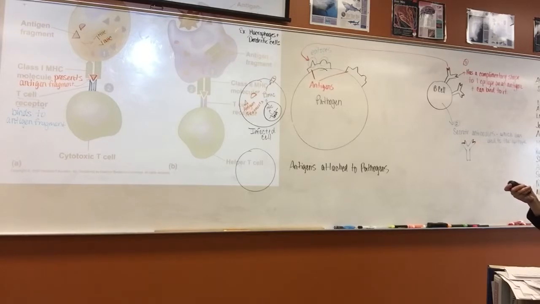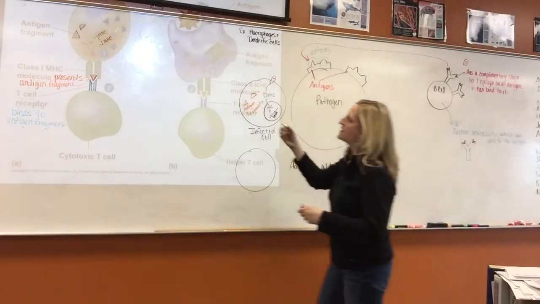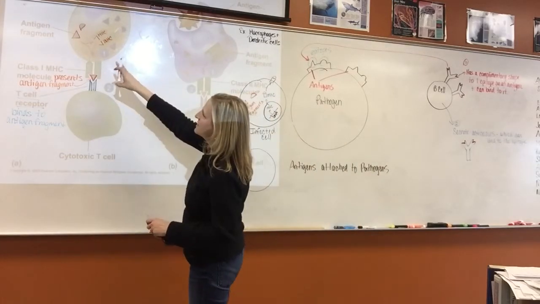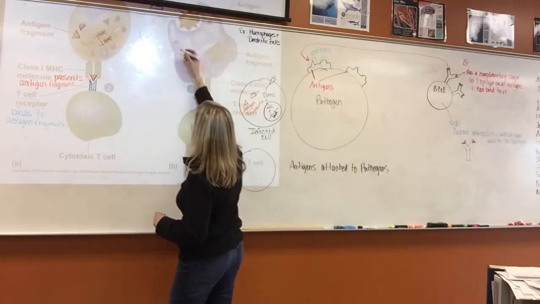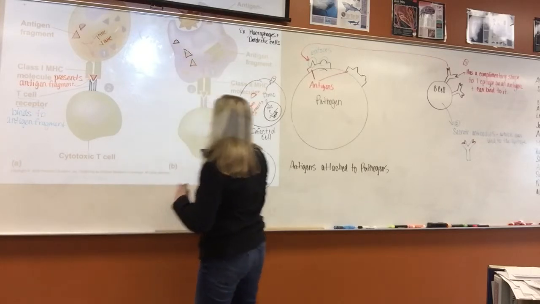So we have this cell. This cell is a natural part of our immune system, and it's doing us a favor by taking in the microbe and destroying the microbe for us. So this is not an infected cell. This is a cell doing its job to kill off the pathogen. But what happens in that process of taking in the microbe is similar to what happens in the infected cell, in that the antigen fragments float around in the cytoplasm.